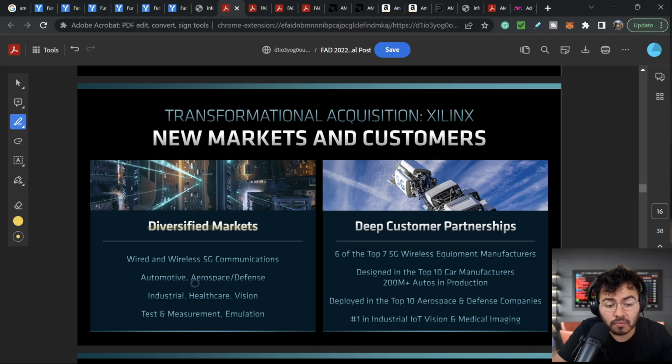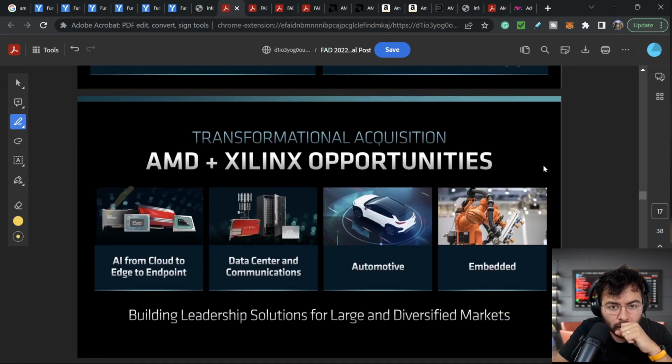They're hitting the automotive market, the aerospace, the defense, the industrial, the healthcare, the vision, the test and measurement, and the emulation. For example, if you're doing some form of automotive autonomous driving, right, you do need some smart chips. AMD, thanks to their Xilinx acquisition, creates some of those smart chips.